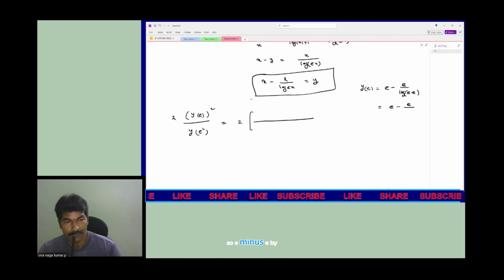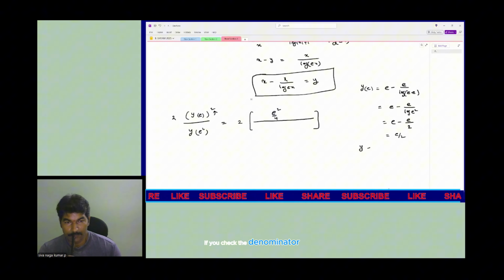So e minus e by log e square. Here log e square is 2. Why? According to logarithmic properties, it is 2 log e and log e is 1. So 2. e minus e by 2 is e by 2 only. So the numerator is e square by 4, because it is whole square. That's why e by 2 whole square is e square by 4.